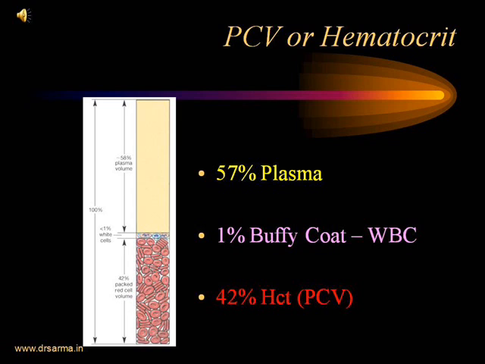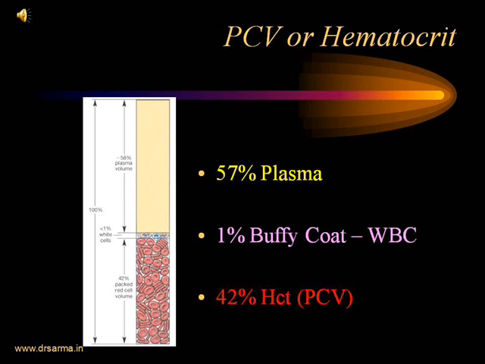Of course, this is EDTA blood, remember, unclotted blood. And when you centrifuge, this blood gets separated into plasma and the cell components. The top layer of plasma usually constitutes around 57%, and the bottom layer of packed cells constitutes around 42%.